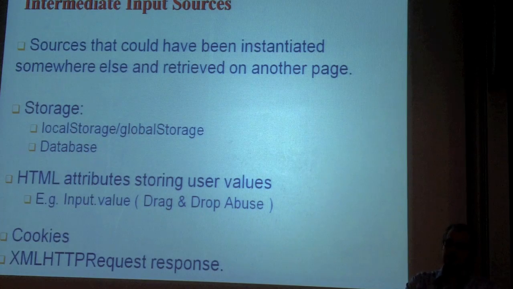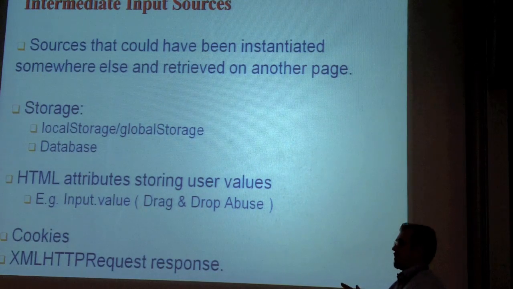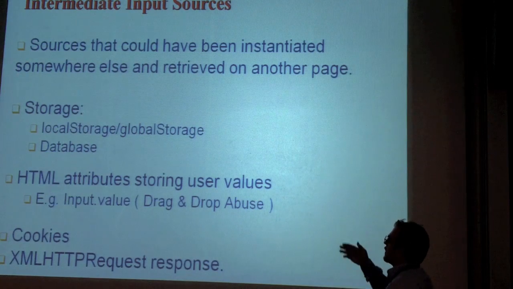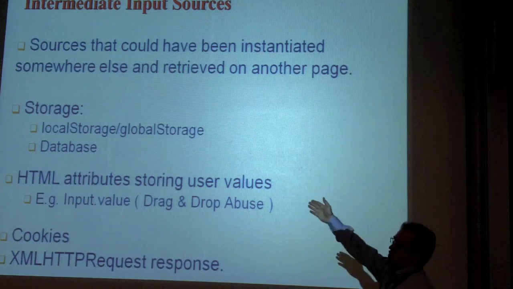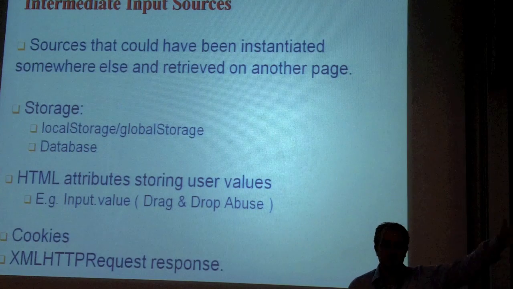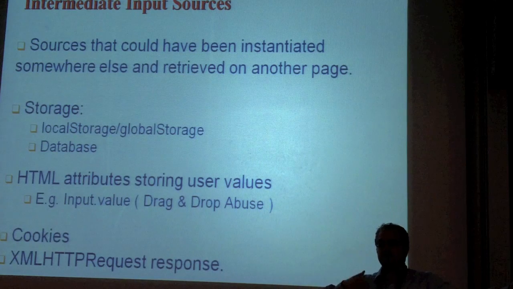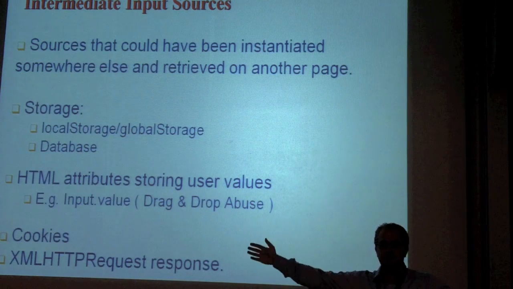Those were the direct sources. Then there are intermediate sources, which can be, for example, storage. In a page, the JavaScript stores some data, which is actually untrusted data, and then uses that later in some other page.